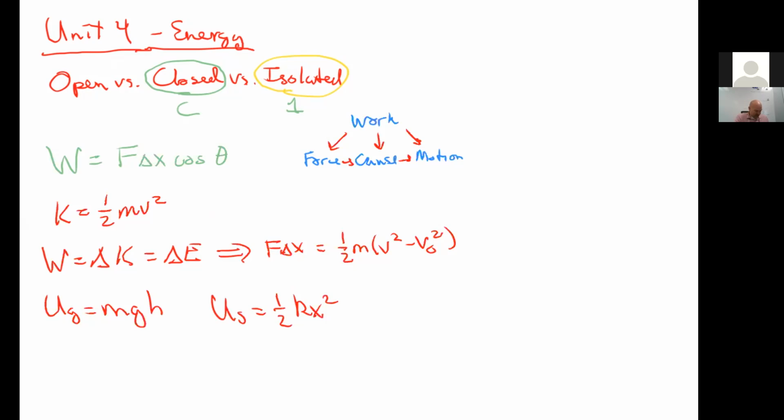which then led us into our discussion on conservation of energy, right? And so we talked about total mechanical energy, K plus UG plus US. Remember, it's the sum of all the energies. And the conservation of energy just tells us that the total energy before equals the total energy after. In fact, let me write before and after.